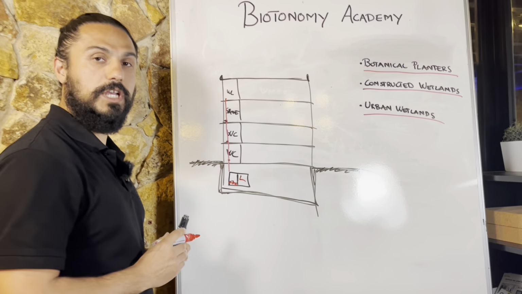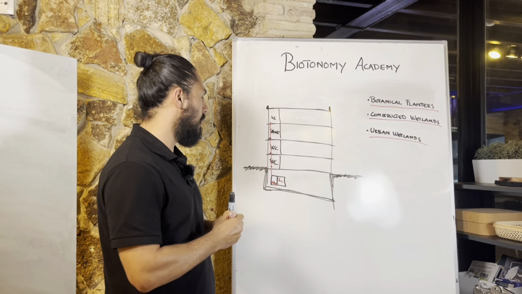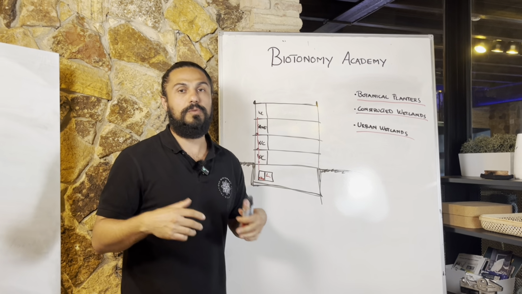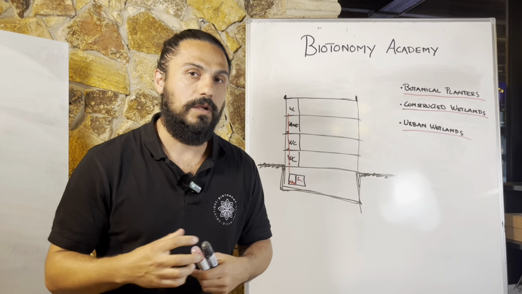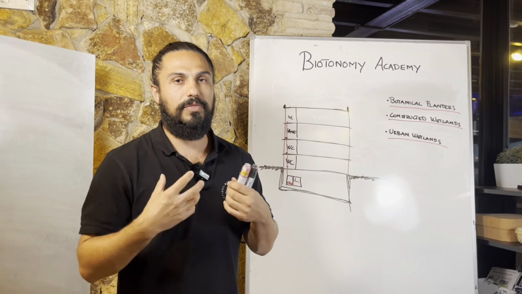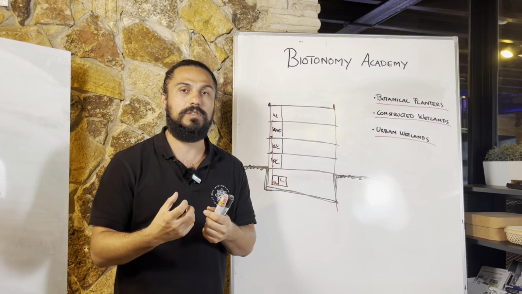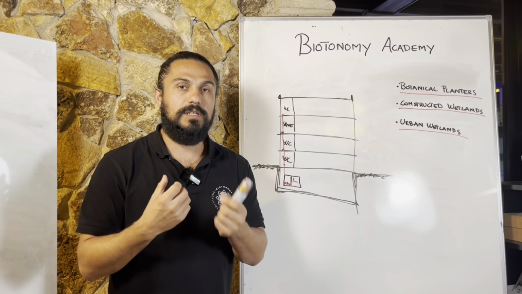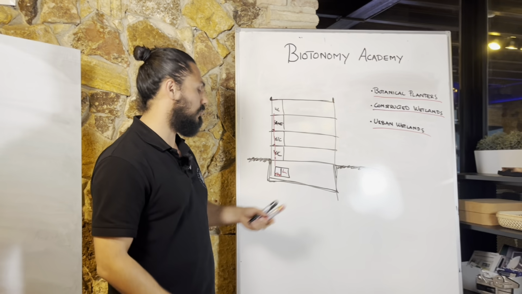So the second chamber is filled with liquid, and the first chamber is solid. There's an anaerobic process here, meaning it's an environment with no air. So there are certain bacteria that thrive in this environment, and they start eating the solids. And while they're eating the solids, they produce liquid. So then this liquid goes into the second chamber.